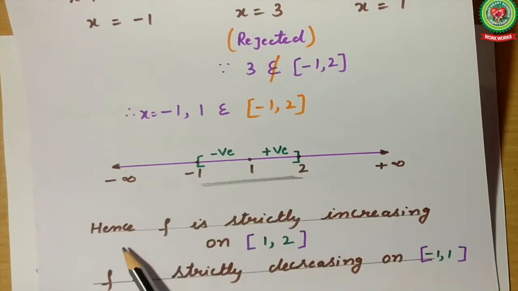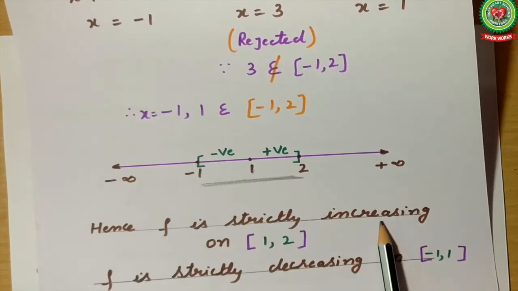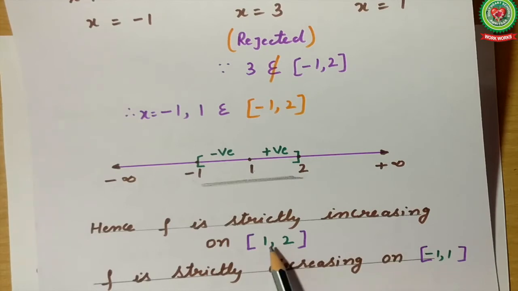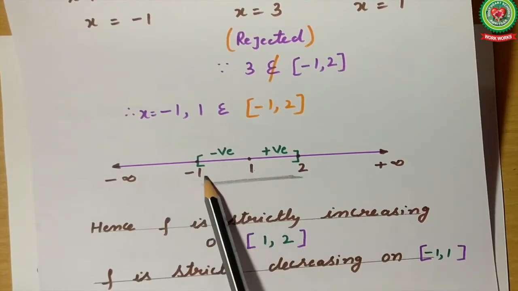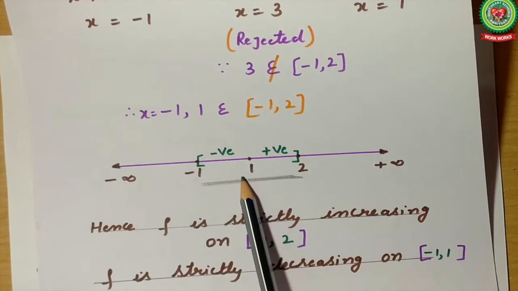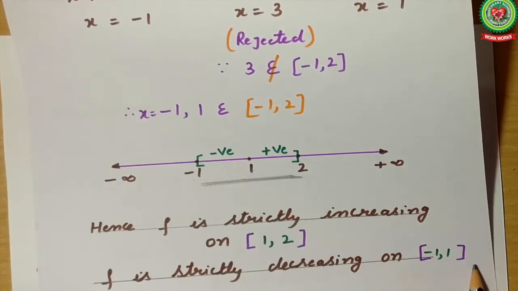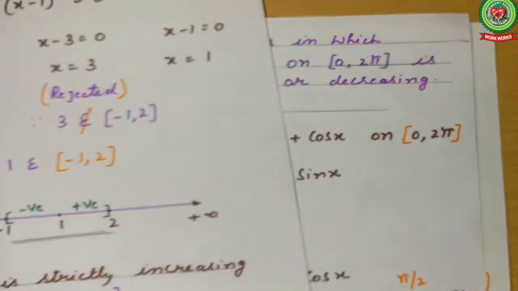So what will be your answer? f is strictly increasing on [1, 2]. Positive sign means increasing and negative sign means decreasing. The decreasing interval is [minus 1, 1]. And which bracket will we use here? We will again use the closed bracket because the solution set value is there.